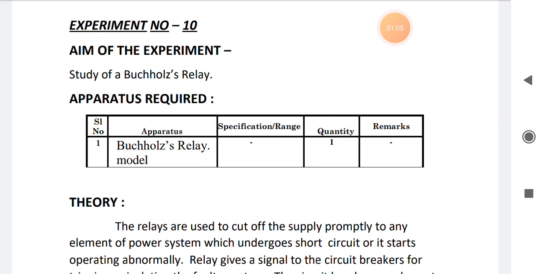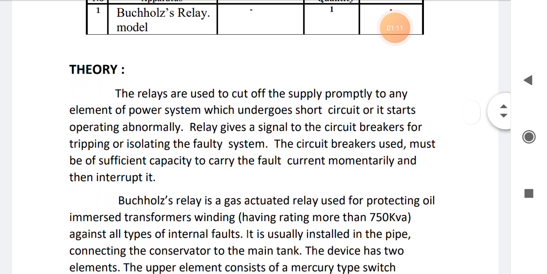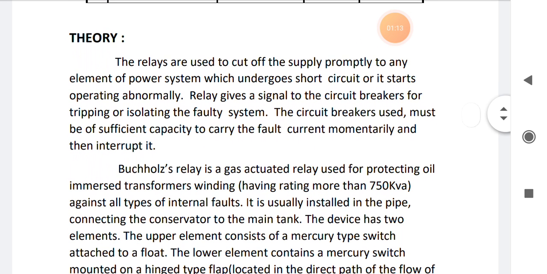Relays are used to cut off the supply promptly to any element of the power system which undergoes a short circuit or starts operating abnormally. A relay gives a signal to the circuit breakers for tripping or isolating the faulty system. The circuit breakers used must be of sufficient capacity to carry the fault current momentarily and then interrupt it.